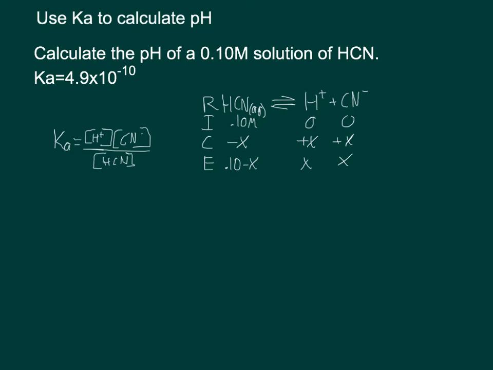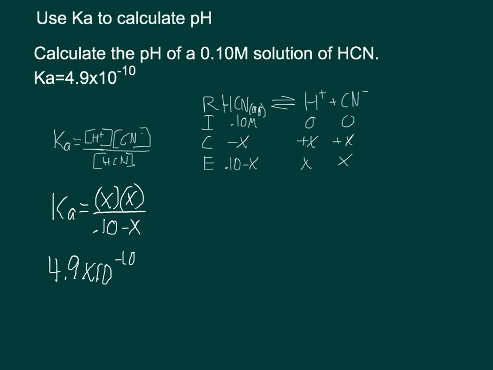So we now know that the Ka is going to equal x times x, so x squared, over 0.1 minus x. And that means that our Ka, which is 4.9 times 10 to the negative 10th, is equal to x squared over 0.10 minus x.